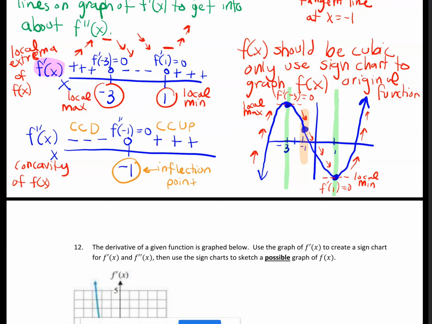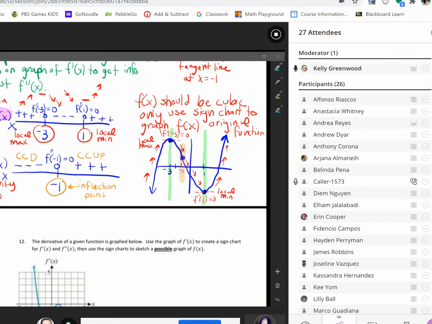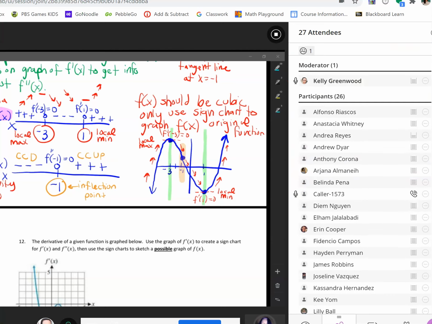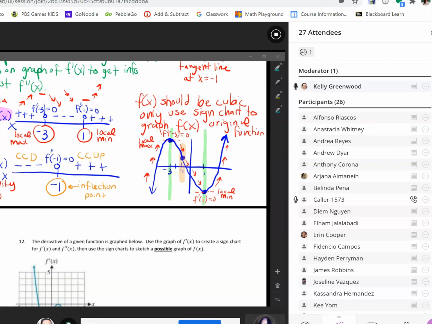They recreate the exact same graph that was given to them. If you do that, you messed up, right? They do all this work, but they didn't realize that the derivative was graphed. They just thought that was the original function, and they used that information to create the first and second derivative sign charts, and they plot it. Of course, you're going to get the original graph back, right? So if that happens, you know you messed up.